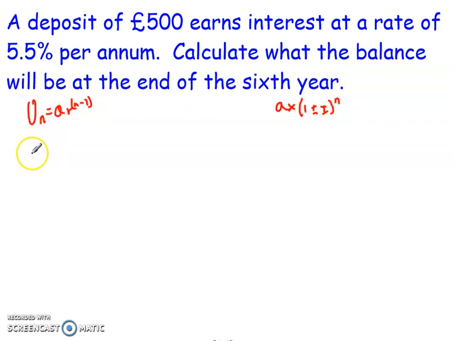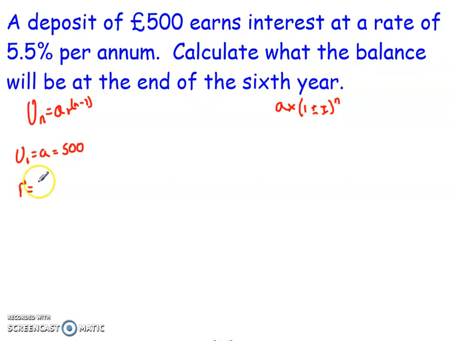Now for this, we know that the a is the initial amount, which in this case is 500. That's the exact same as we had before. a was whatever you deposited or whatever you started with. We then had our interest rate, which was this part here. Now this is the equivalent of our common ratio. For our common ratio, what we have to do is figure out what is going up by every year and represent it as a decimal.